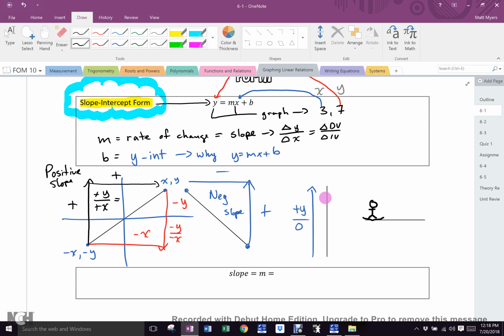Nothing, which is, in math, what number? 0. This is a 0 slope. Because, of course, I didn't go up and down at all, so I have 0 divided by an x. And that's allowed. You can't divide by 0, but you can divide 0.